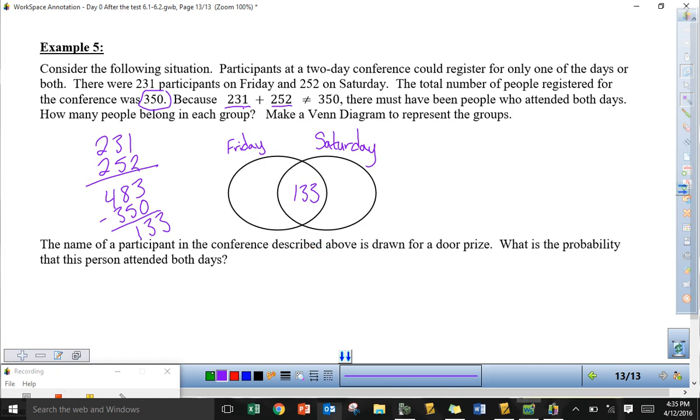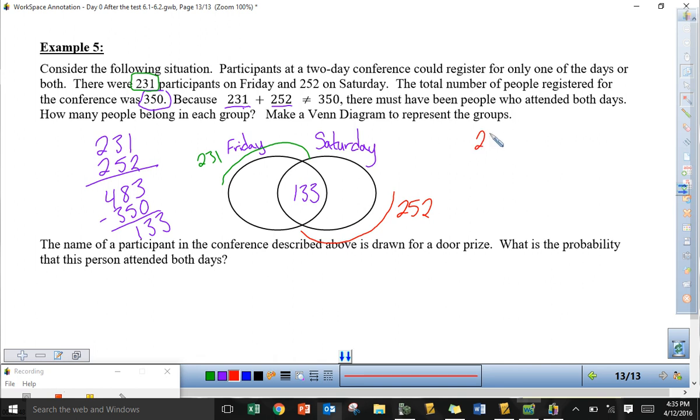All right. Focusing on these numbers, we know Friday we had 231 participants. So this entire circle should count for 231. Okay, and looking at the other side, we know that this entire circle or oval here is going to count for 252. In order to find the participants who went Friday but not also Saturday, all we have to do is take the total value for Friday and subtract off that intersection.